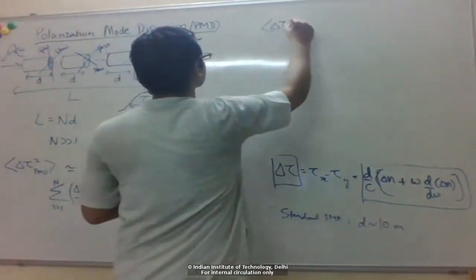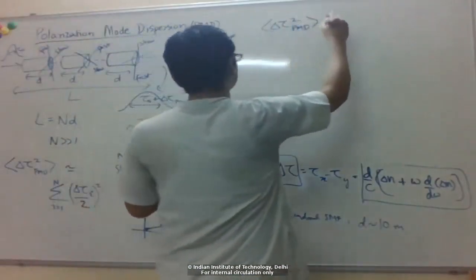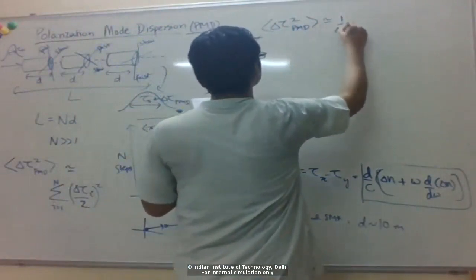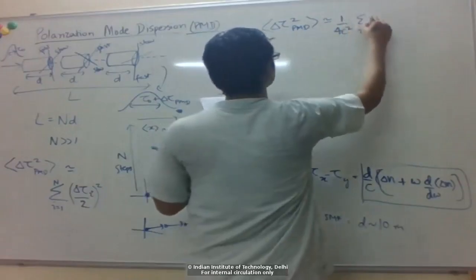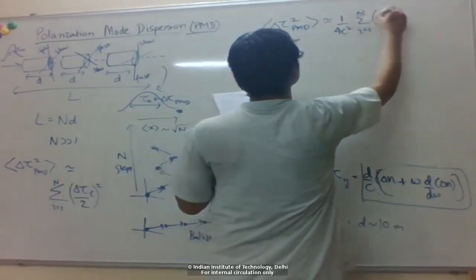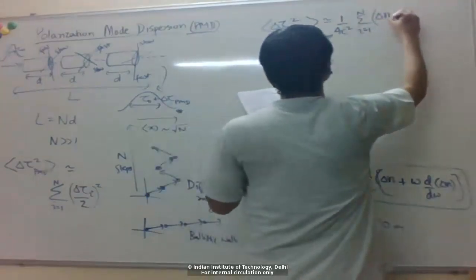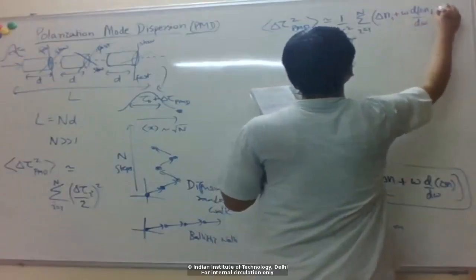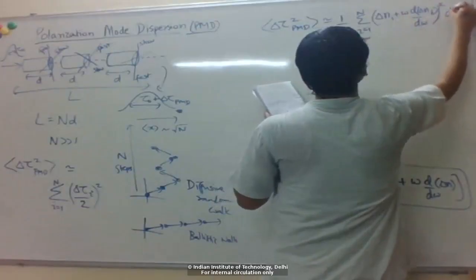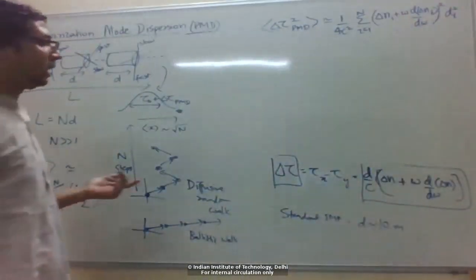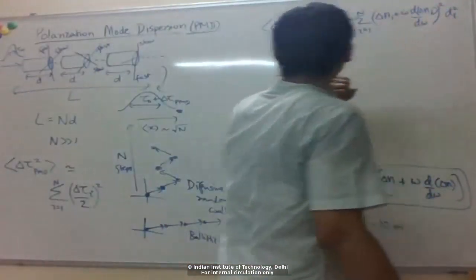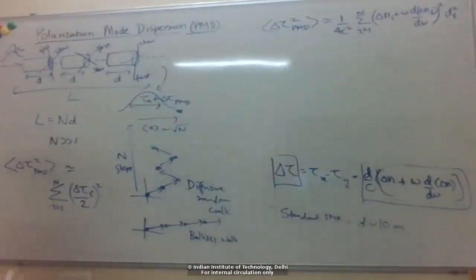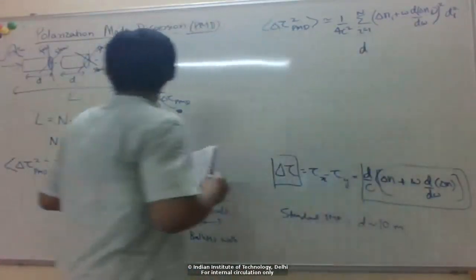So for each segment we have a delta n_i and length d_i, but without loss of generality, for a long enough fiber, these variations are random, so we can assume the length of each segment is the same.